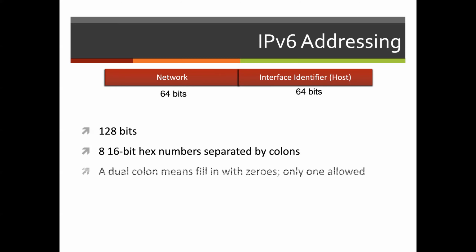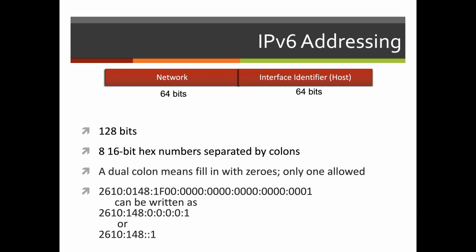When you encounter a double colon, that means you fill in with zeros, but only one is allowed. And so we could have an IPv6 address that is written using the 8 16-bit hex numbers, or it can also be further simplified in other forms as well.